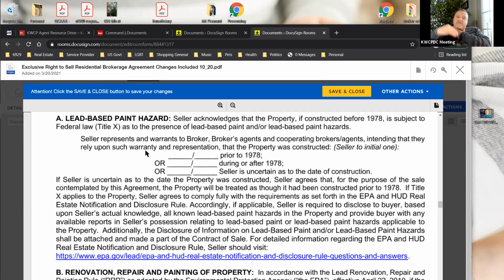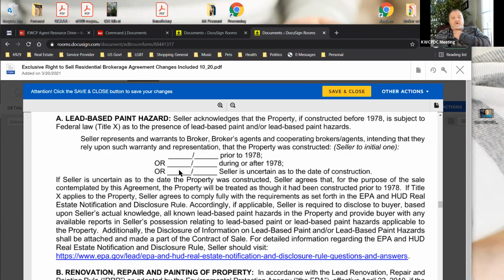And when we get to the disclosures later on, you will notice that you do not have a right to leave those blank as well when you get to those lead-based paint disclosure documents. So you'll need to either certify that the property was built before 1978, or it was built during or after 1978, or you're uncertain of the date of construction.